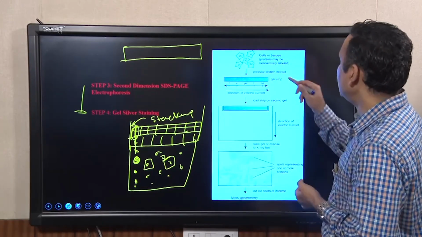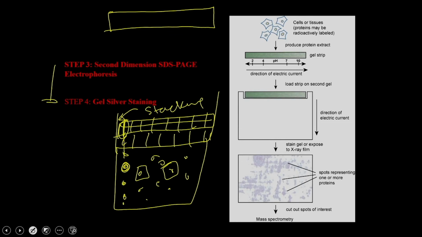So, typically, what we have discussed so far is that you first take the cell or the tissue and prepare the extract. First you run this extract onto the IPG strips, and that resolves the proteins in the form of bands on these strips, and then you load this strip onto the SDS-PAGE.